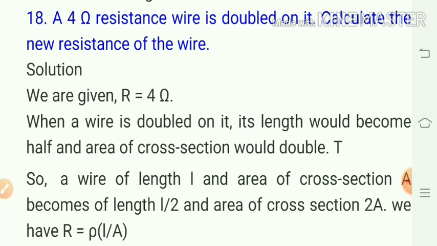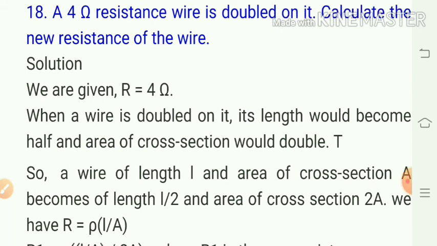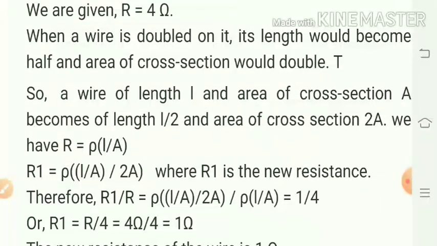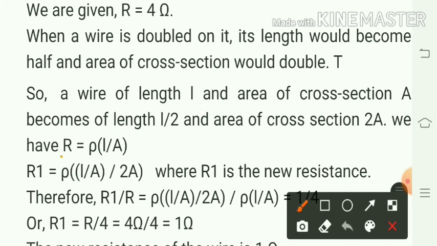That is, a wire of length L and area of cross section A becomes half the length and area of cross section 2A. Therefore, as resistance R is directly proportional to the length and inversely proportional to the area of cross section, we know that the formula is R is equal to rho into L divided by A.